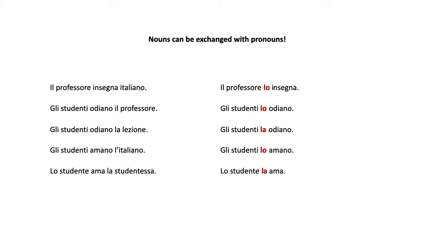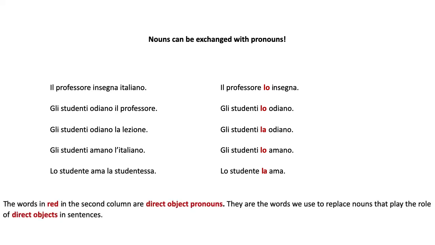We are replacing the direct object with a tiny word called the direct object pronoun, right? And then for the last sentence, lo studente ama la studentessa, we replace la studentessa with la, and we say lo studente la ama. So those words in red are the direct object pronouns, the words we use to replace nouns that play the role of direct objects.